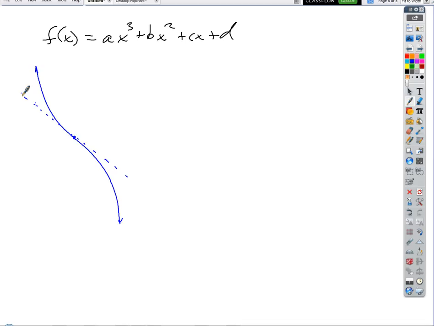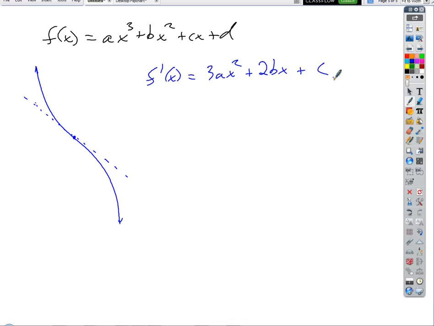So what would happen if we were to take derivatives? What's the first derivative gonna be? 3ax squared plus 2bx plus c. Okay. So what's one condition you could impose based on the fact that there are no relative extrema?